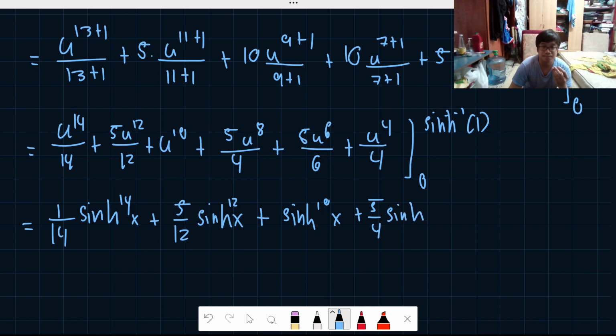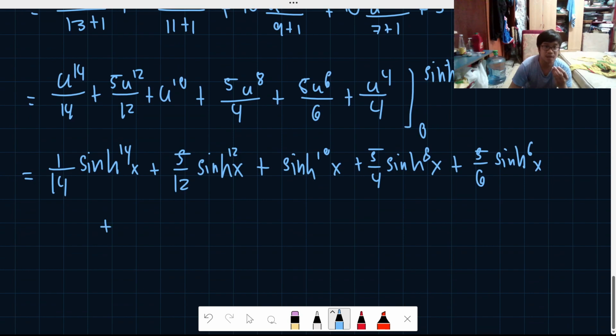But that's what we're going to do, just simply bring back our u as hyperbolic sine of x. Then lastly, plus 1/4 of hyperbolic sine of x raised to 4. And that's it.